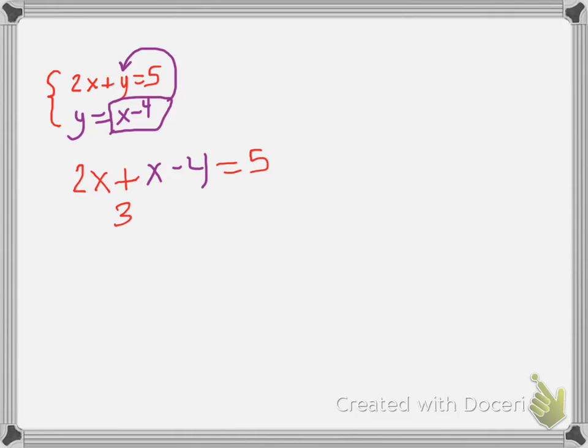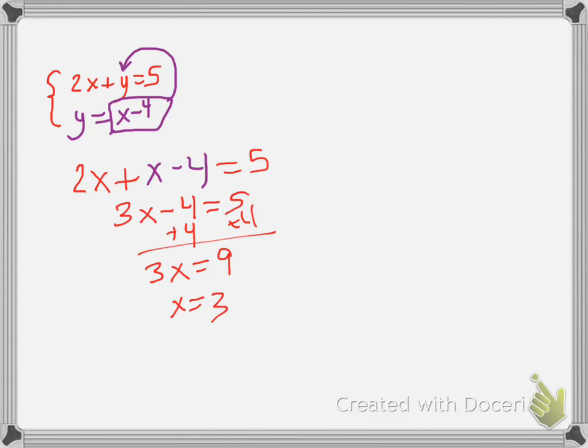So that's going to give me 3x minus 4 equals 5. I'm going to pull the 4 over. I'm going to get 3x equals 9 and x equals 3. So now I know that x is 3, so I can start writing my answer. Your answer is the ordered pair. And yes, you have to have all these steps.